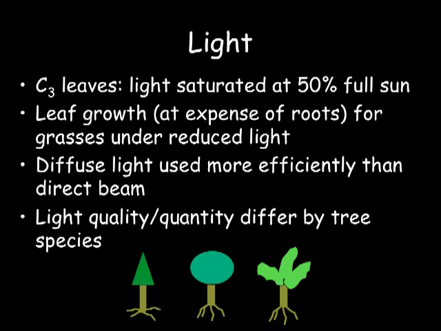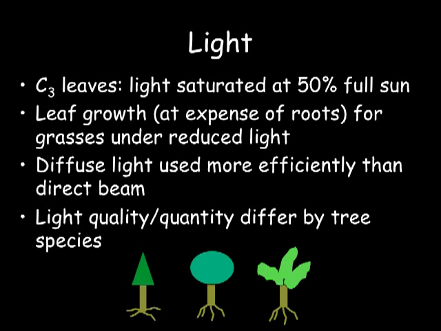Those C3 plants are light saturated at about 50% full sun. Now, what does that mean? It means all they need is 50% to maintain full production. Well, that means exactly that. They're not going to do anything more if they get more sunlight, right? So above 50%, that's a loss.